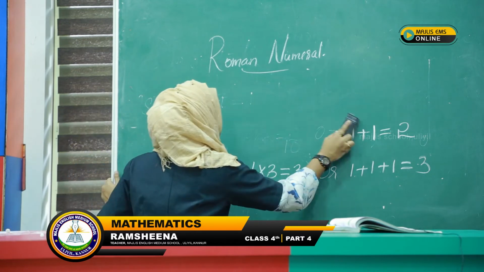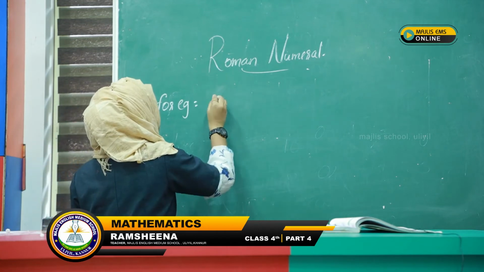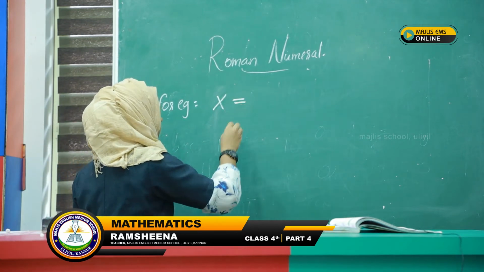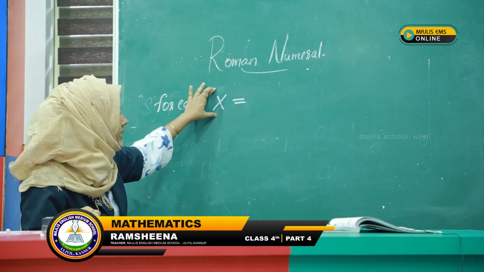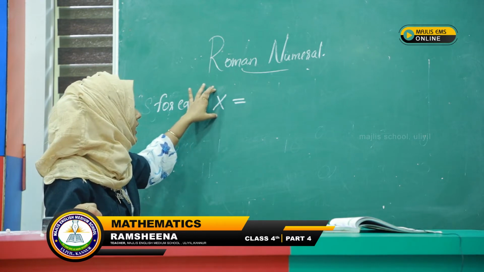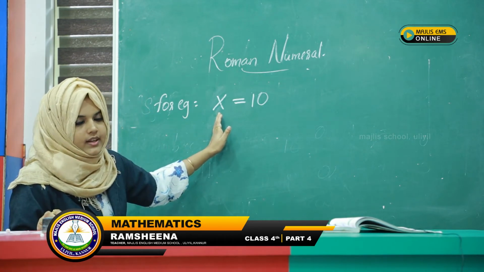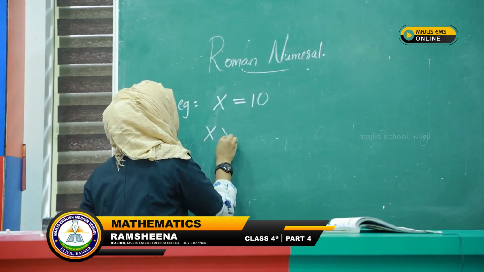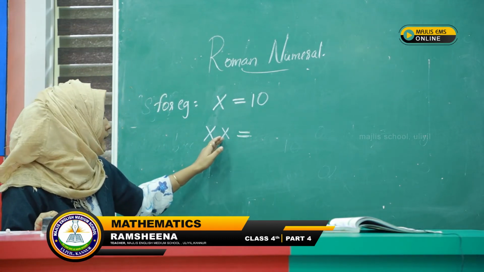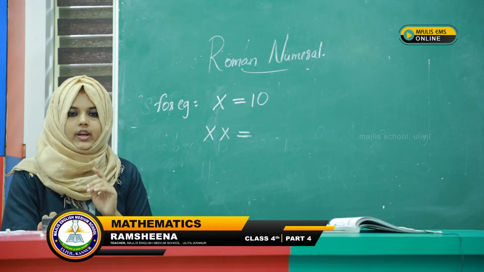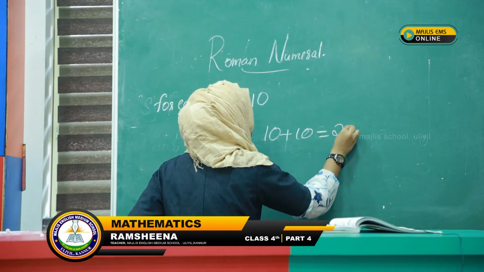Then another example. X represents the number 10. Then X X: what is the number? 10 plus 10 is equal to 20.